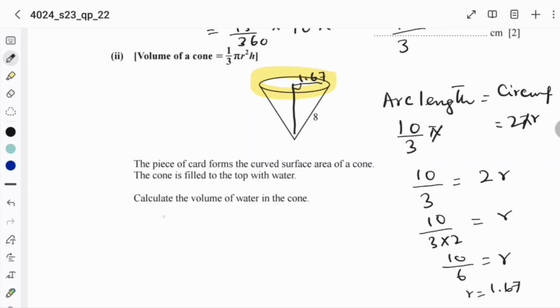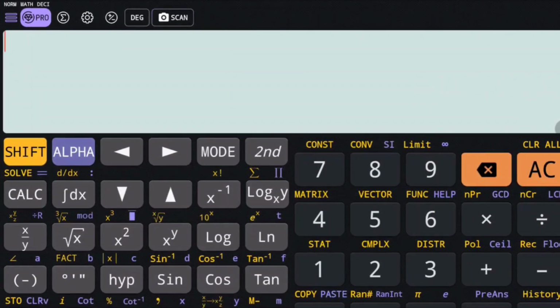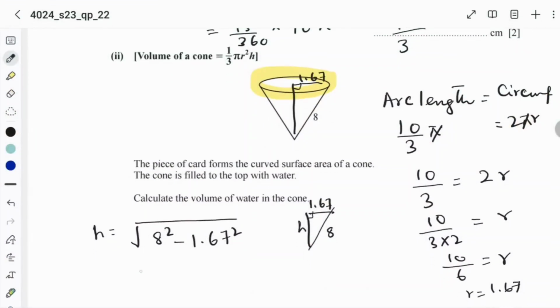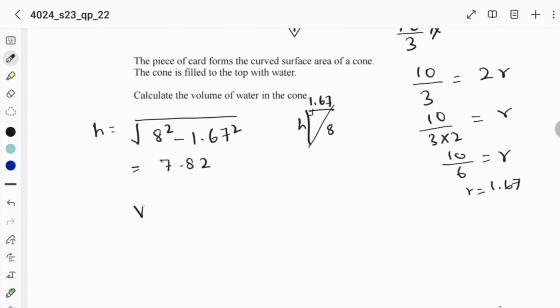The height will be equal to the square root of 8 squared minus 1.67 squared, where 8 is the slant height. 7.82 is the answer for the height. Alright, so the volume of the cone is 1 over 3 pi r square h.